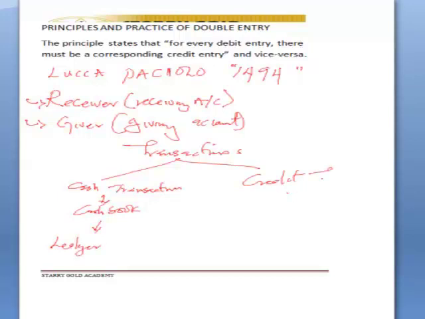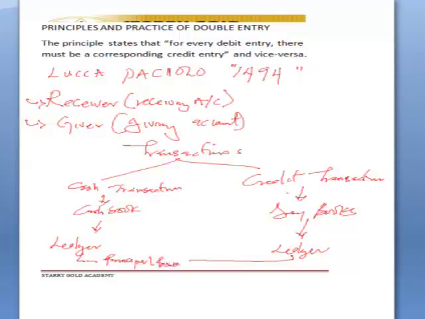And the credit transactions must pass through what we call day books, and the final destination is also the ledger. The ledger is known as the principal book, the principal book of accounts.